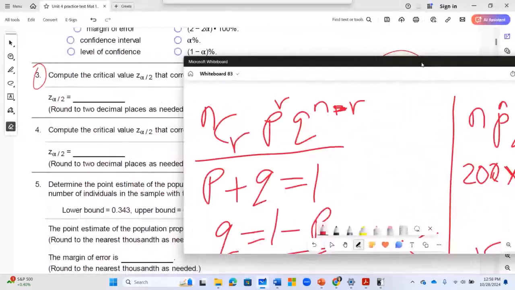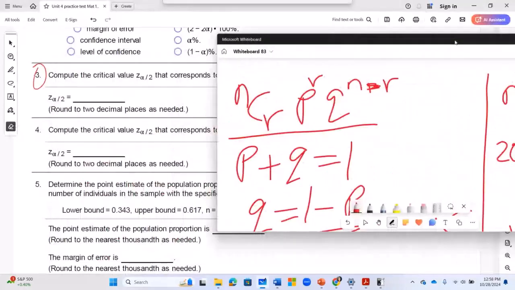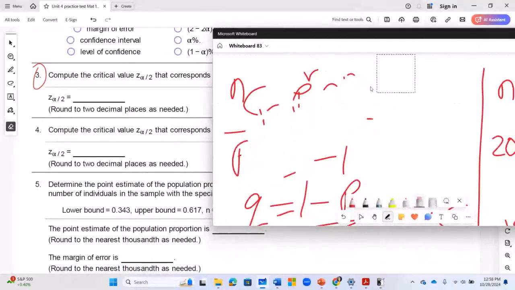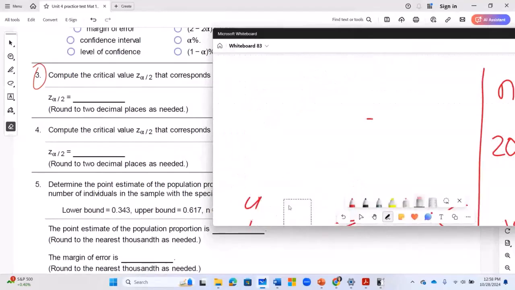So I want to do number 4 using critical value. Find the critical value when the central area, the area in the middle, is 88%.